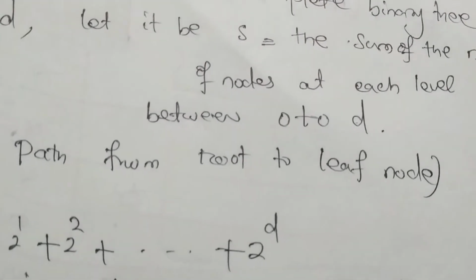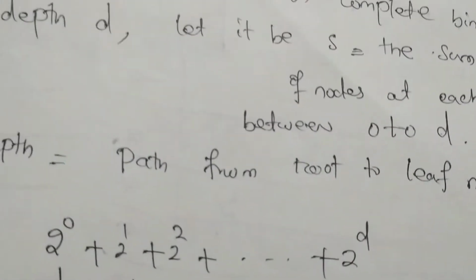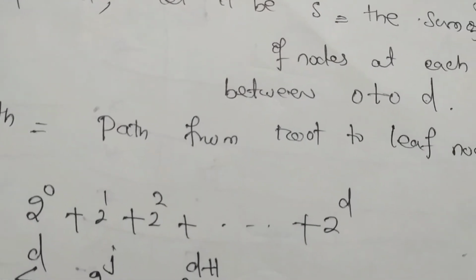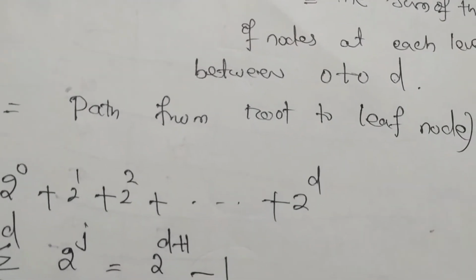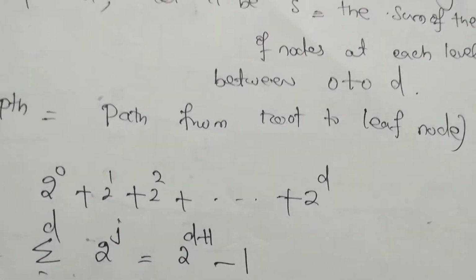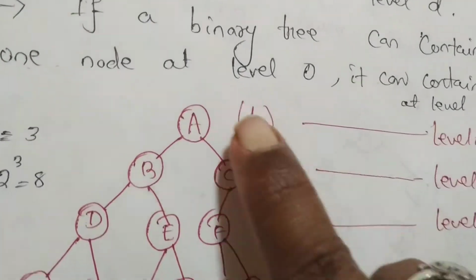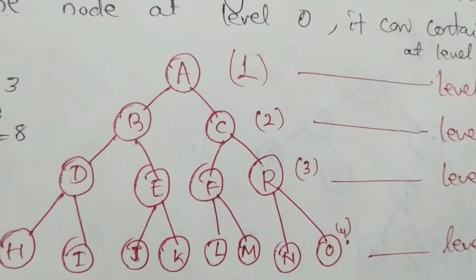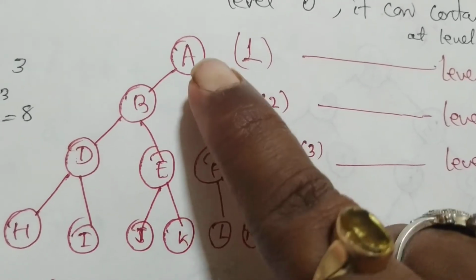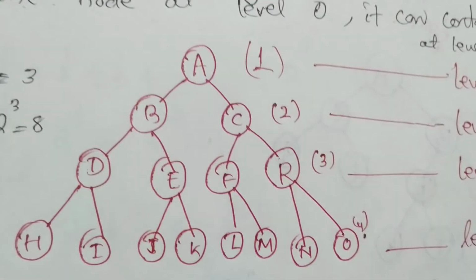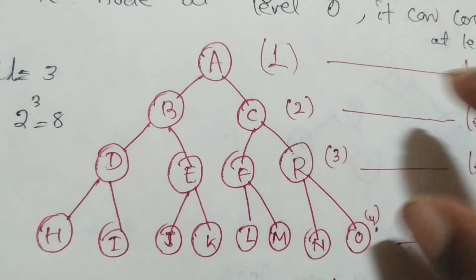And what is d? D is the depth, meaning the path from the root node to the leaf node. So here you see this is the root node and this is the leaf node, and the path between the root node and leaf node is called the depth of the tree.